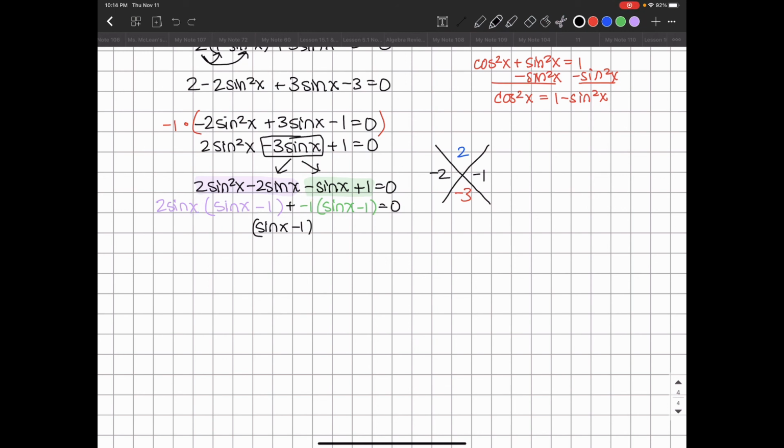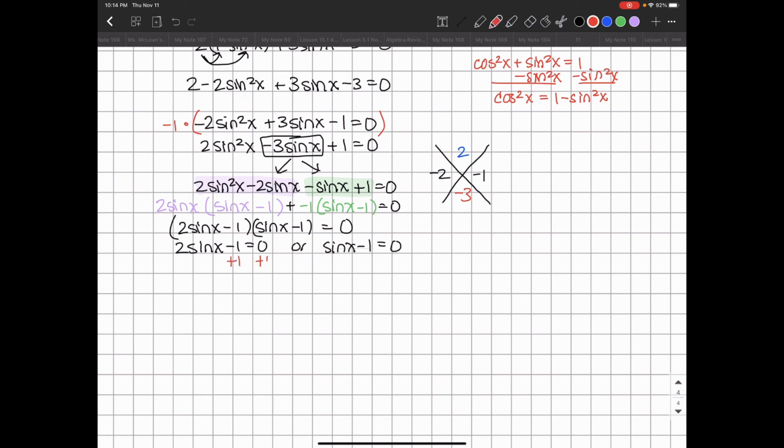So I have a total of 2 sine of x minus 1 times sine of x minus 1. And now I know this is equal to 0. I can use the zero product property to say that 2 sine of x minus 1 is equal to 0, or sine of x minus 1 is equal to 0.